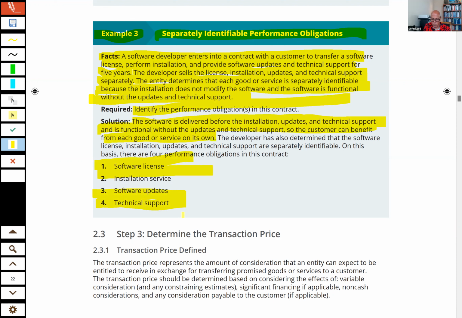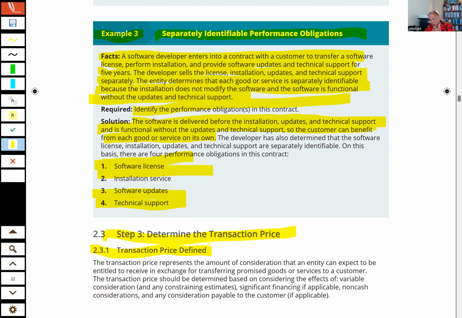Now, where this becomes relevant from an accounting standpoint is we're going to have to allocate whatever the transaction price is, now in step 3, amongst those. If it's one performance obligation, it's easy, right? The whole amount goes to the one.